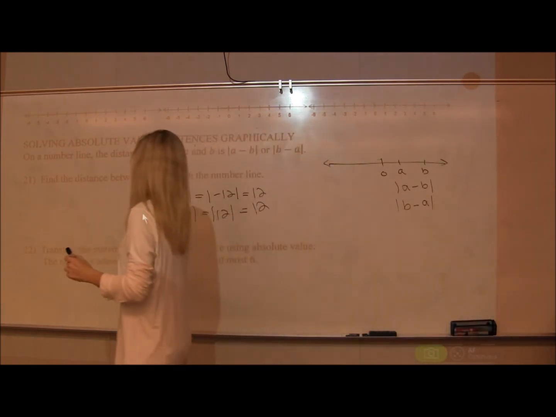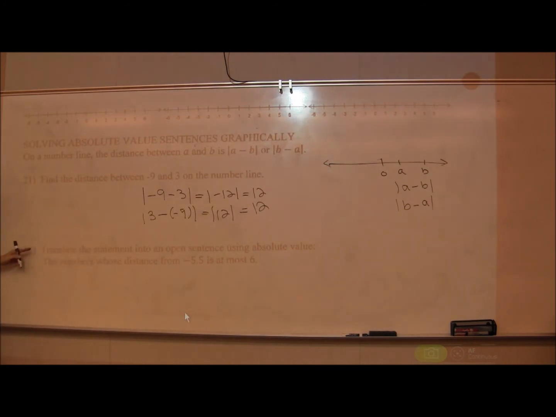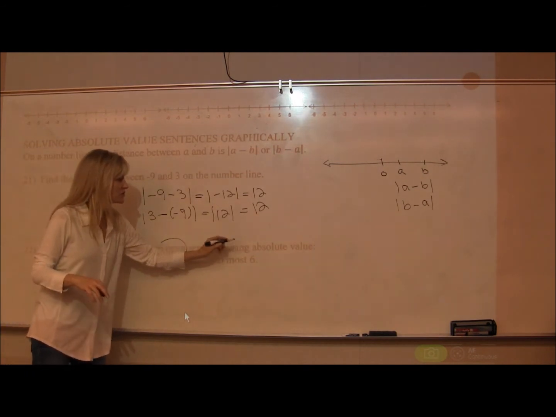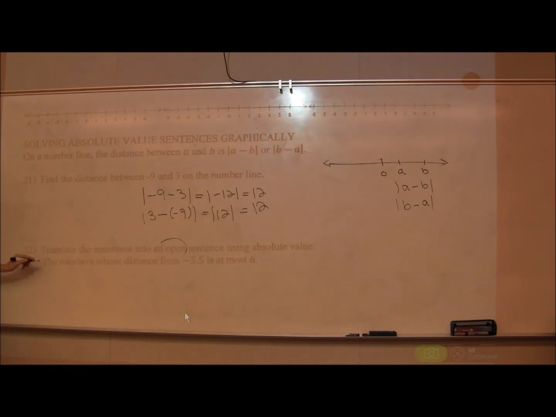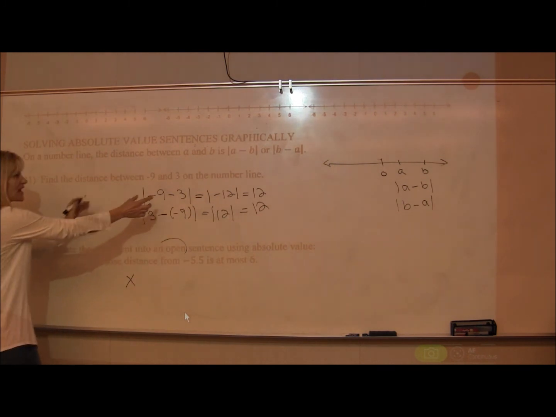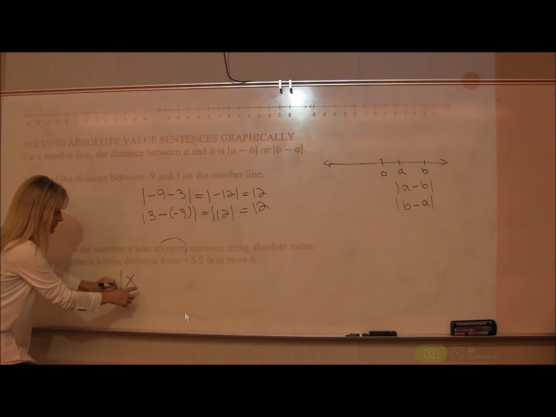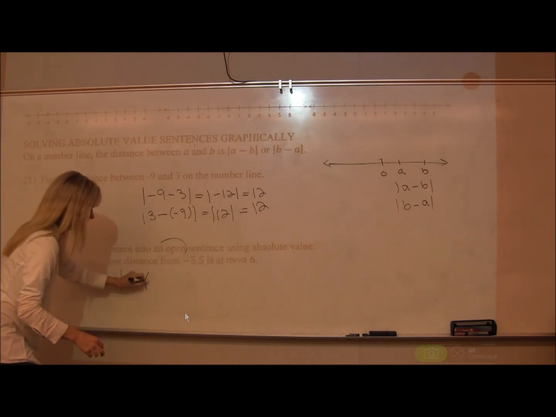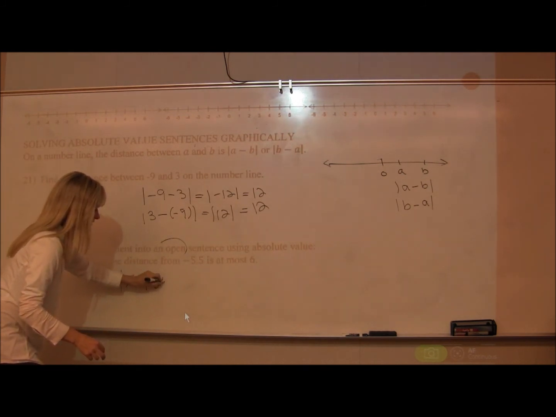So we're going to apply that to this. Translate this statement into an open sentence. Open just means it has a variable in it, using absolute value. The numbers, so that tells me x, whose distance from -5.5. Well, the distance is the absolute value of the number minus the other number. So minus -5.5, right?